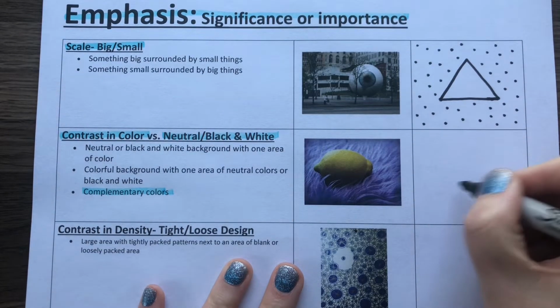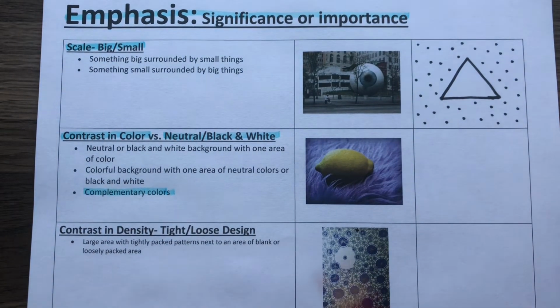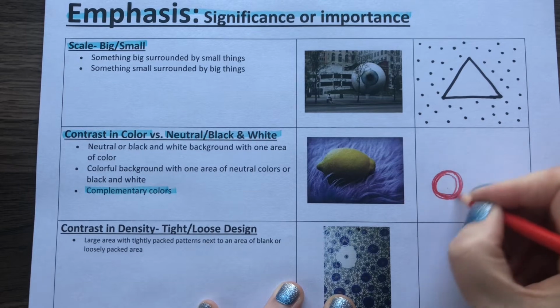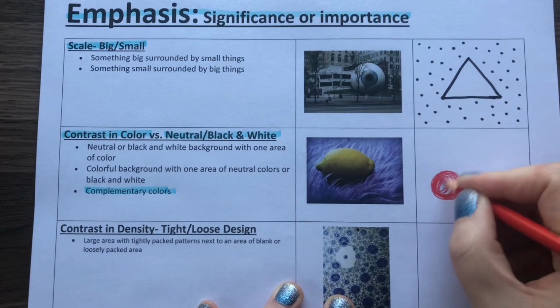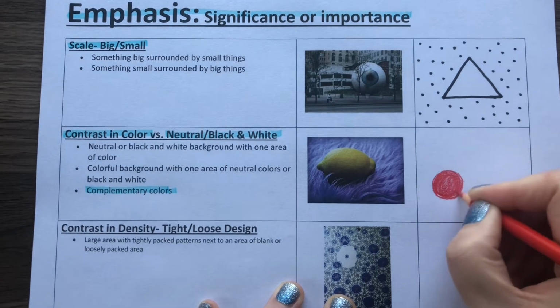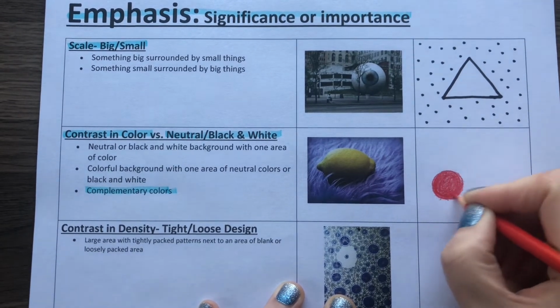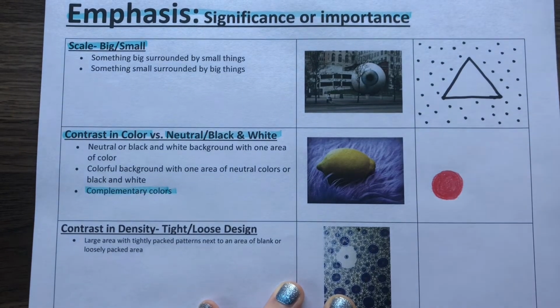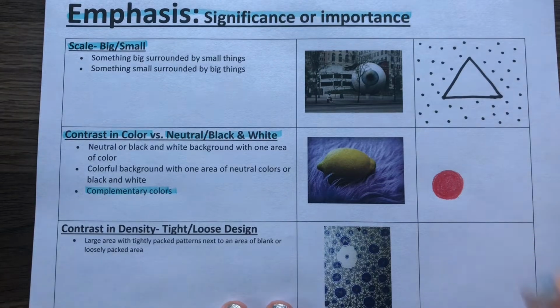So I'm going to start with my area of color. I'm going to use red for this, and I'm just going to do a red dot right here. Now it is already slightly emphasized just because it's the only thing on here, but that's not our goal for this part. Our goal is to show when you have a neutral background.